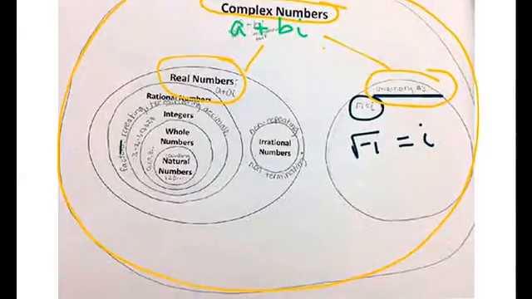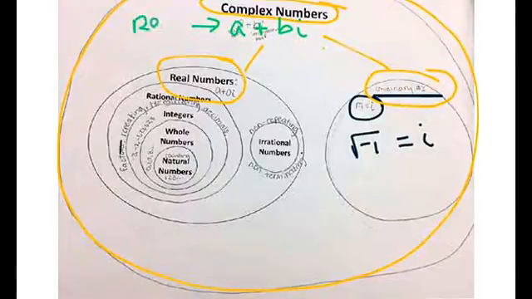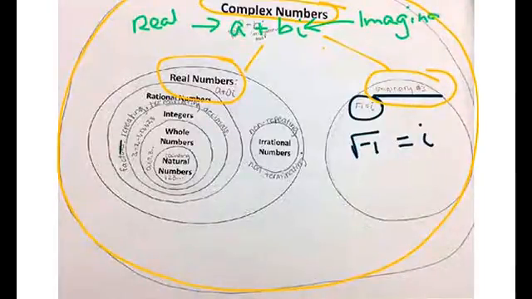All complex numbers can be written in that form. The a is the real part. The bi is the imaginary part. If you'll notice right here, real numbers can be written in the form a plus 0i. So the 0 makes the imaginary part go away, and now it's just a real number.